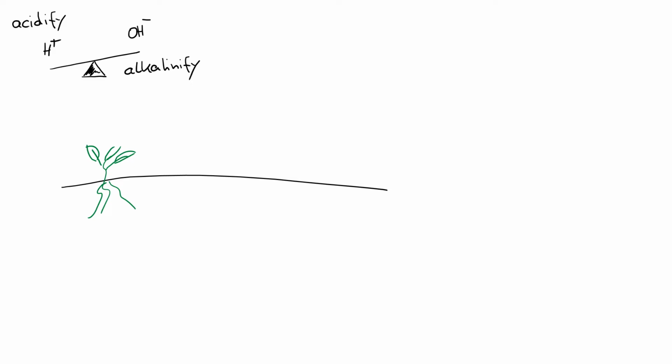Now, plants do play a role in this process. As we've learned in the past, plants take up base cations, but in order to maintain charge balance, they have to release an equal number of charges. So for every calcium 2 plus a plant may take up, it has to release 2 protons, thereby adding protons to the soil and aiding in the process of acidification.